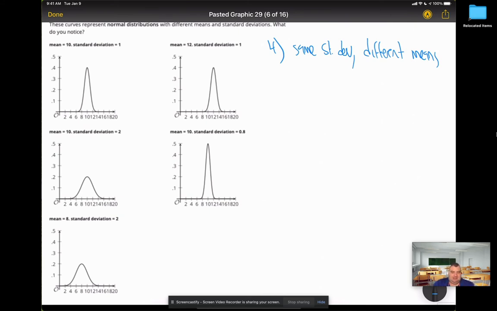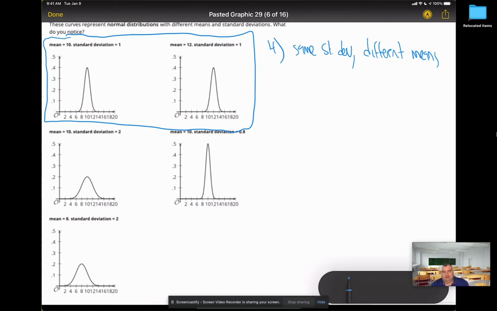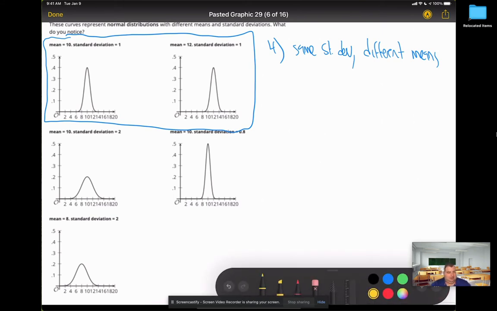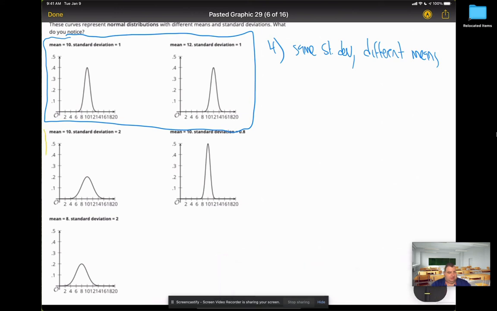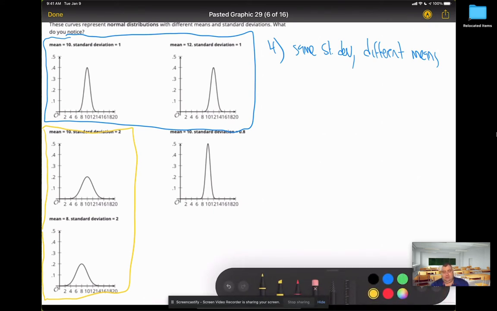For example, both of these have the same standard deviation of 1, but their means are different. The same thing can be said about these two right here. They both have standard deviations of 2, but their means are different.